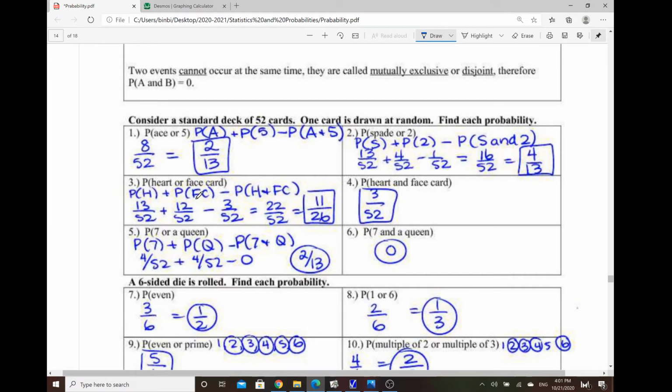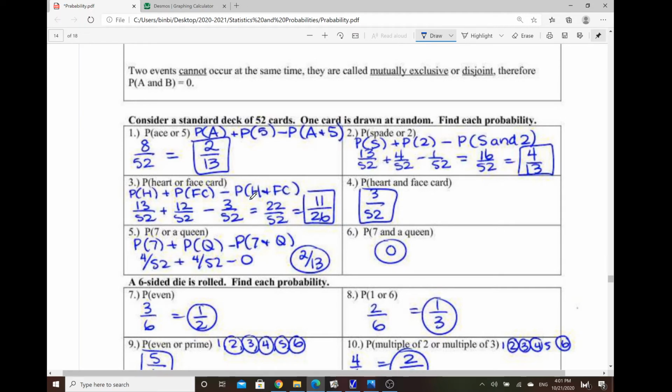And then the heart or the face card. The hearts involve 13 cards, and they all consider heart. So for the heart, it could be 13 over 52. And then for the face card, that'd be 12 over 52 minus 3 over 52.